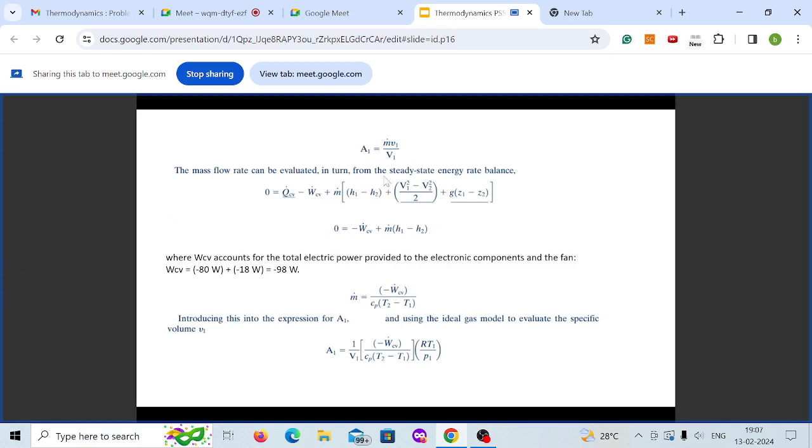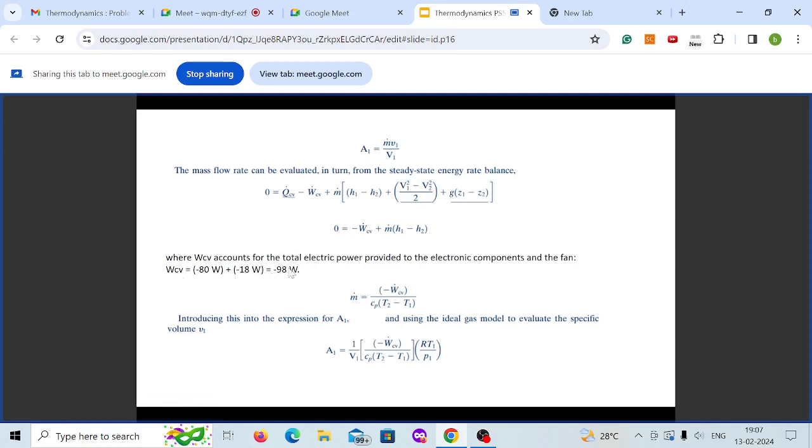So removing Q and the potential and kinetic energy, you will end up with the work done being equal to the change in enthalpy of the air going in and going out. So we know the amount of work given in is 80 watts for the electronic component and 18 watts for the fan.